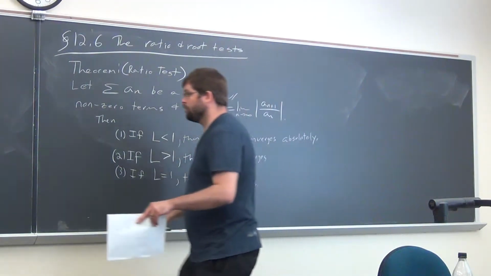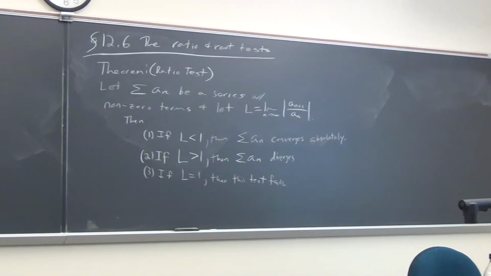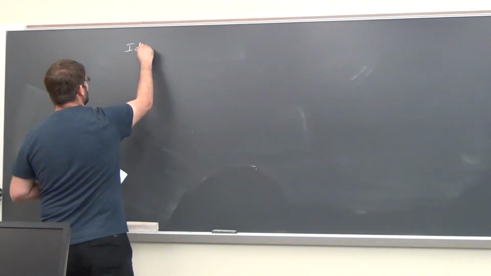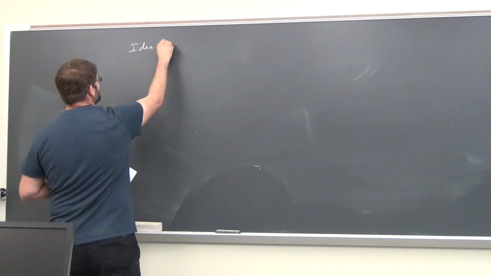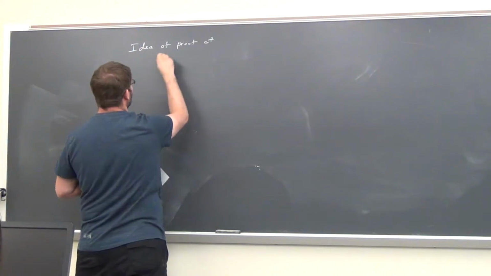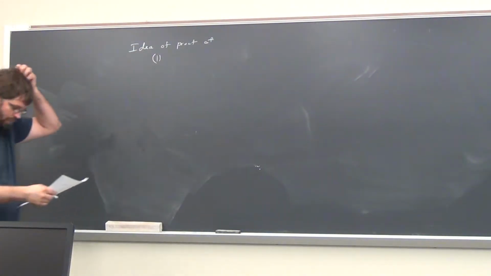And so I'm not going to go through the full proof, but let me just sketch a tiny piece of what's going on. So I'll just say the idea of the proof, and we'll just do the first case.